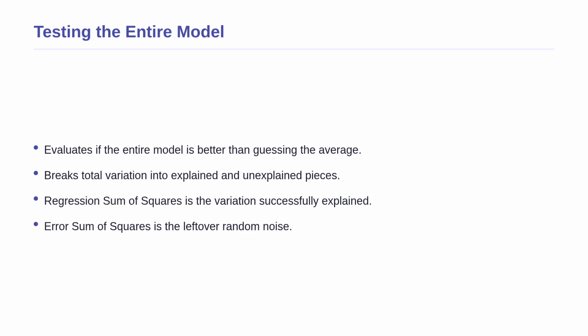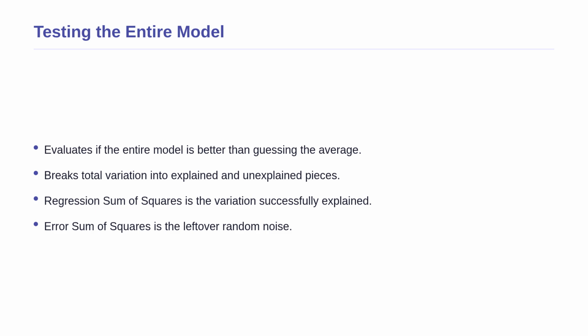Now that we understand the basic framework of hypothesis testing, let us look at how we evaluate our entire model. Before we interrogate individual variables, we usually want to know if our overall model is actually better than just guessing the average. We do this by breaking apart the total variation in our data into two distinct pieces.